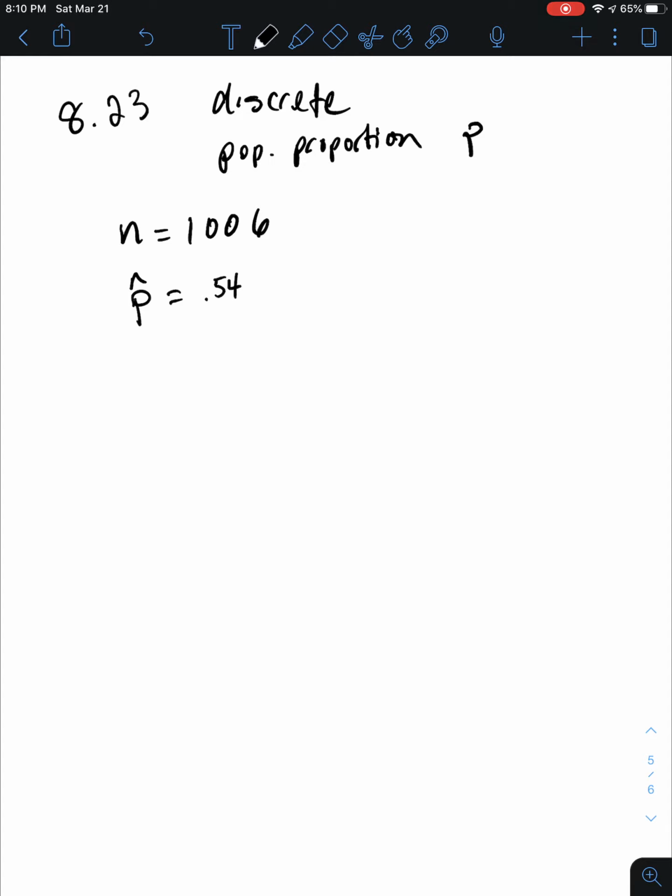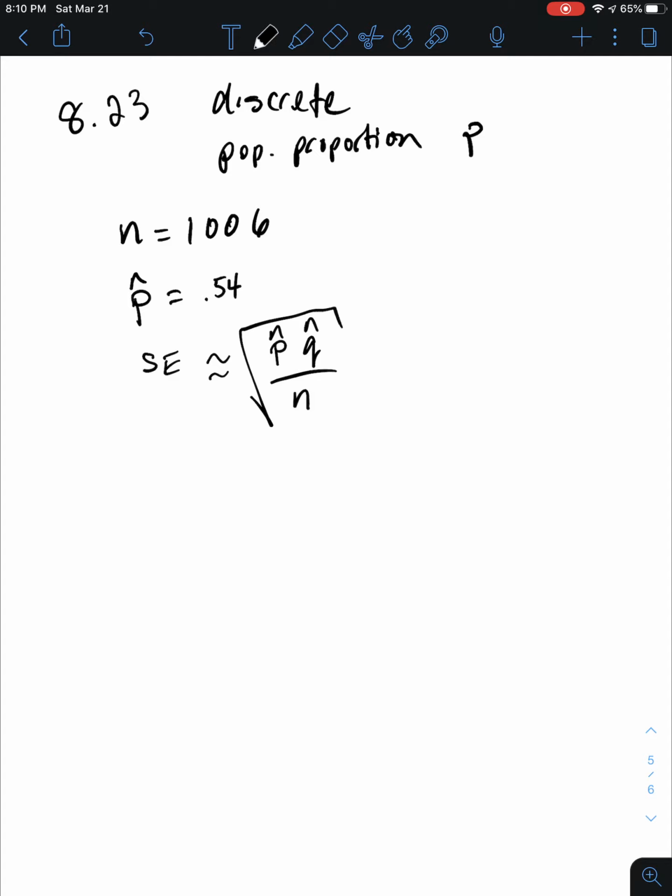Part B is to find the margin of error of your point estimate. In order to calculate this, we first need to calculate the standard error. The standard error is approximately the square root of P hat Q hat over n.